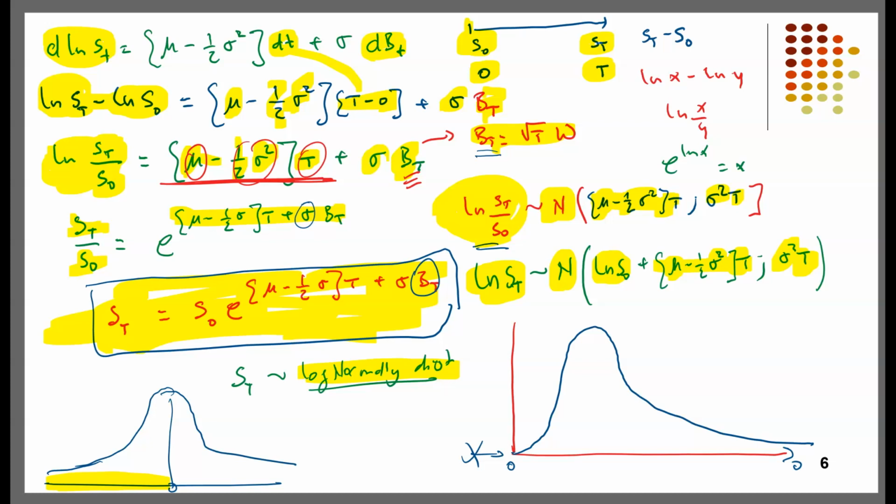The first thing we are going to do is recall the key findings from the last video. The very first finding was the following. We said that dS_t was equal to mu.